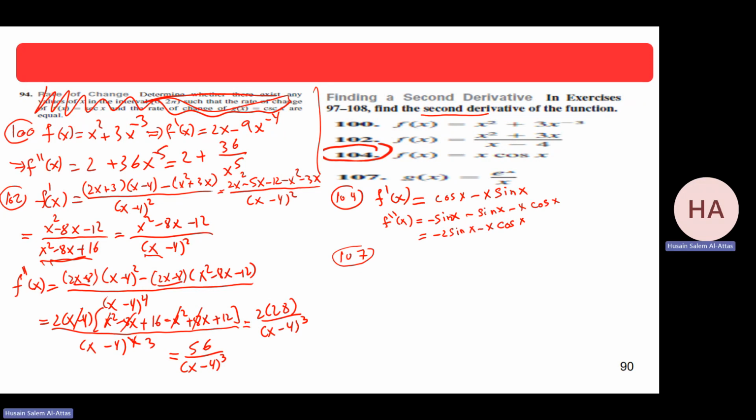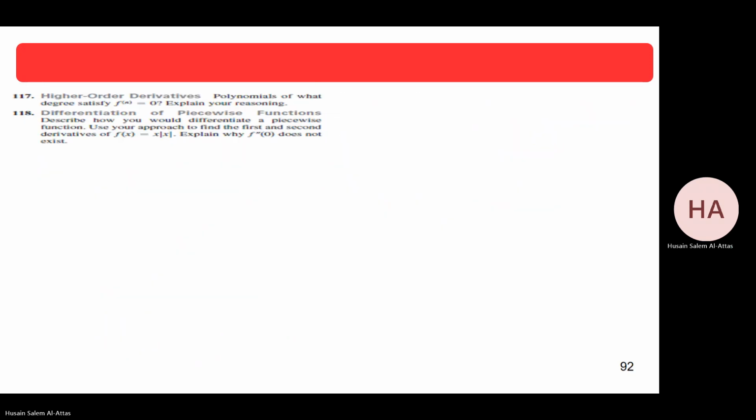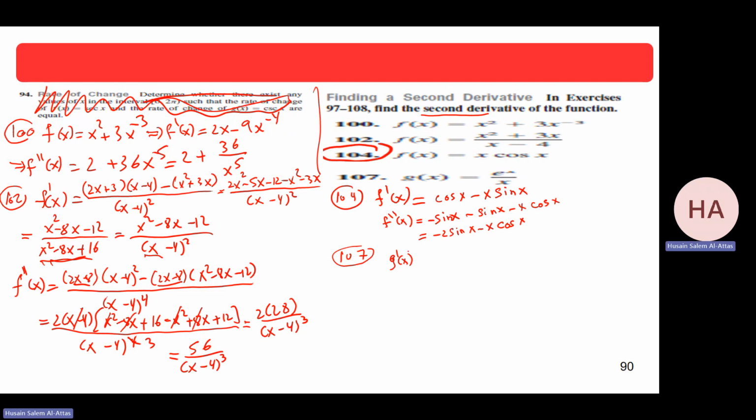This will be what? Quotient rule. So g prime is the derivative of the numerator, which is e to the x, times the denominator, minus the derivative of the denominator times e to the x, over x squared. Yeah, that's it. This is g prime. g double prime will be what?